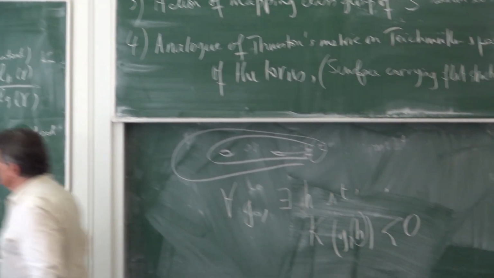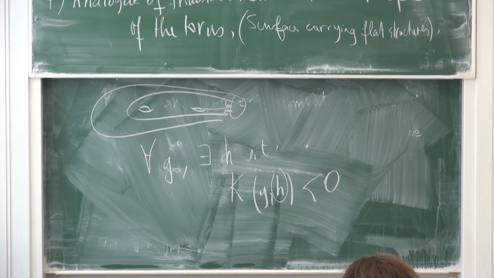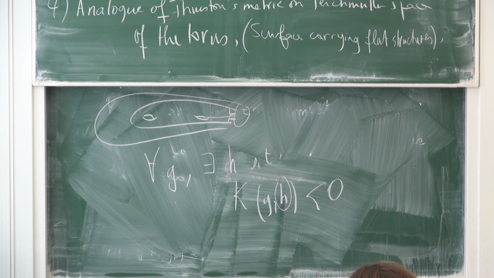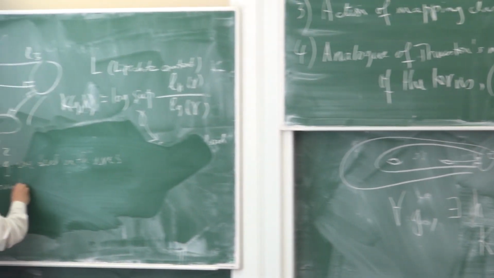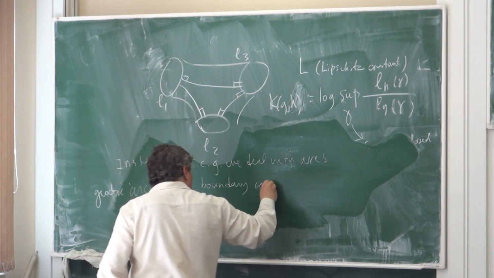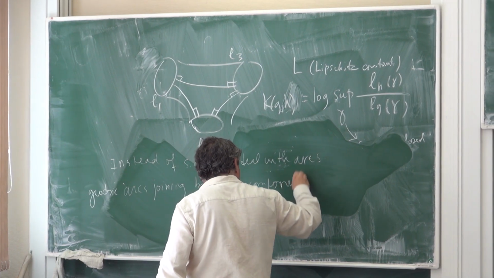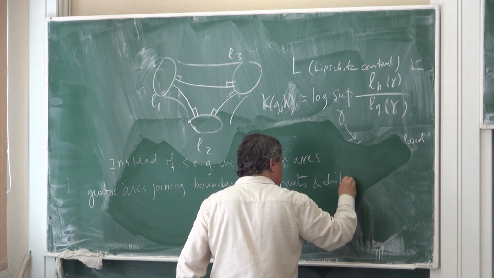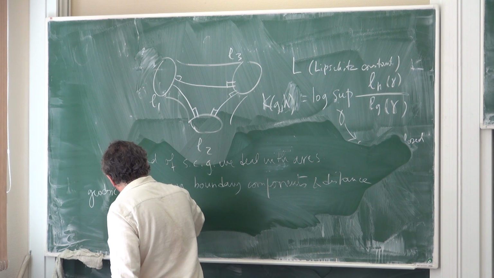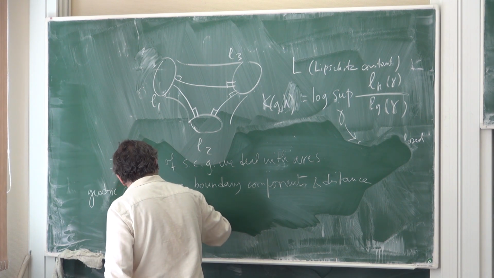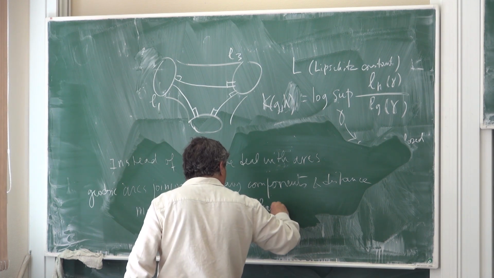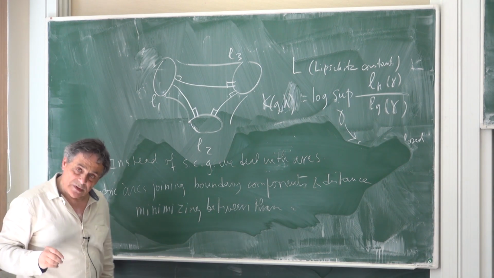Okay, so what are these arcs? These arcs are geodesic arcs joining boundary components and distance minimizing between the boundary components.